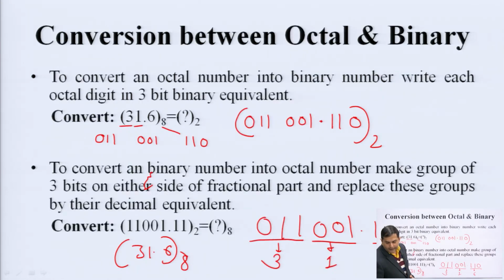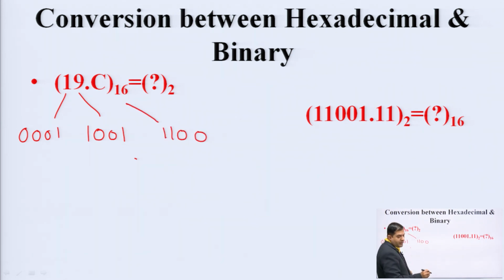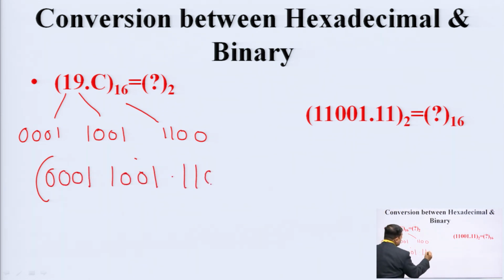So 1 will be 0001, 9 will be 1001, and C is equivalent to 12, so C will be 1100. We will write 0001 1001.1100. This is the binary equivalent of 19.C.